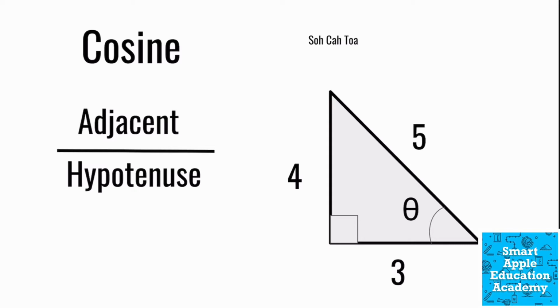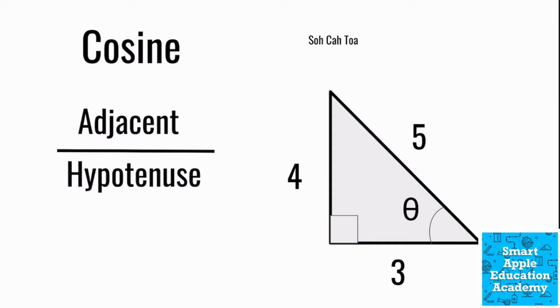Now let's look at the right triangle on the right side of the screen. There is a leg that is 4 units long, there is another leg that is 3 units long, there is a hypotenuse that is 5 units long, and there is an angle marked with theta. The symbol theta represents the measure of the angle. Let's find the cosine of theta. Well, we know that the ratio for cosine is adjacent over hypotenuse, so let's look at what's adjacent to theta.